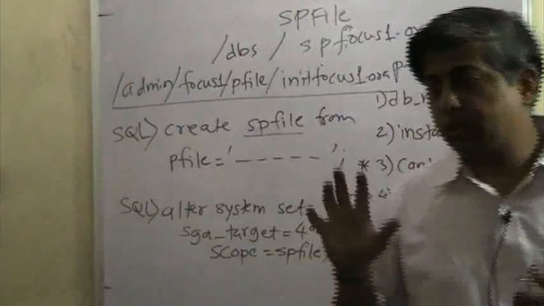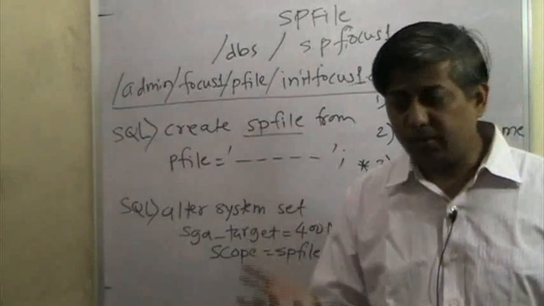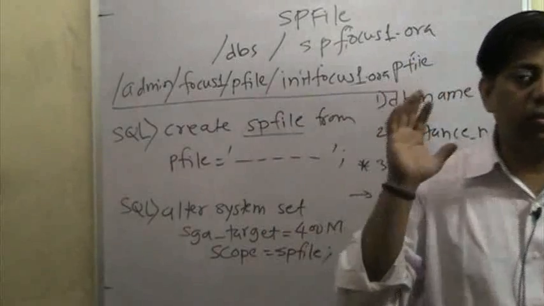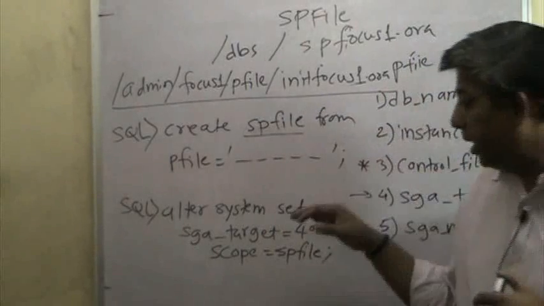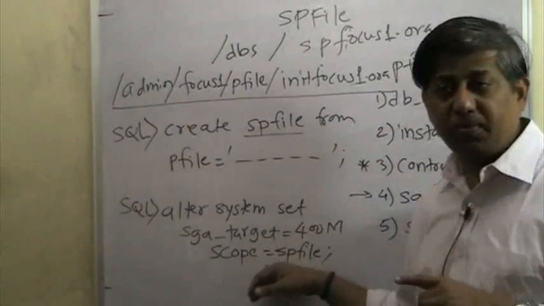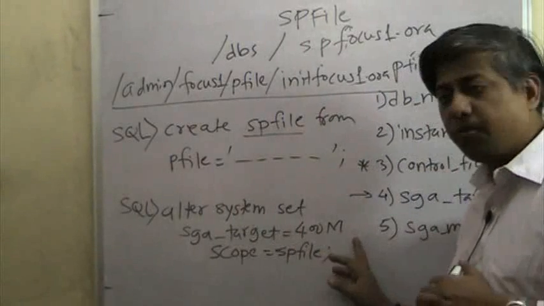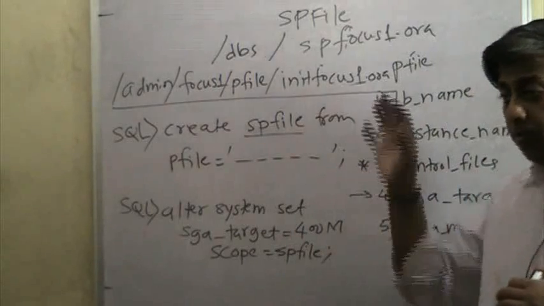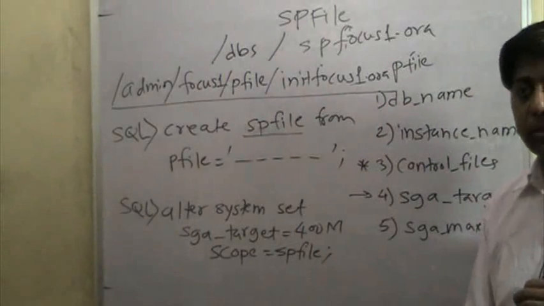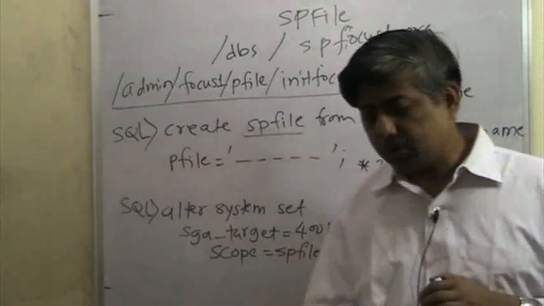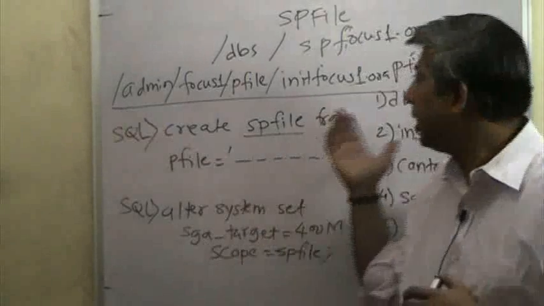Currently your SGA is still 300, because when we started up the database, at that time it read the init.ora file and your SGA was set to 300. But now we are changing in the SP file the value of SGA target to 400. So what is going to happen when we shut down the database? Next time when it starts up the database, what is the default behavior? The default behavior is that it is going to search for the SP file.